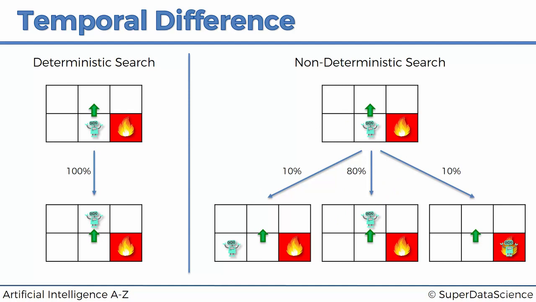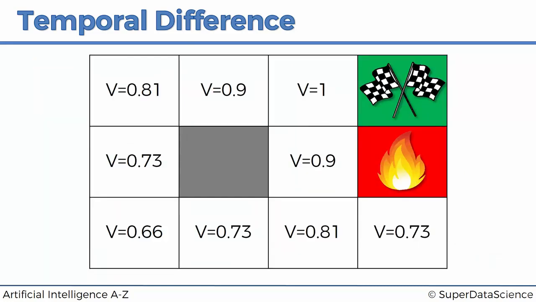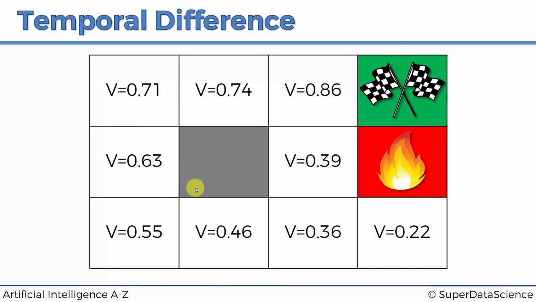And what effect that had, as you remember, was that in the deterministic example, it was very easy to calculate the V-values. Well, not necessarily always very easy, but in our case, we could simply calculate them using the Bellman equation, and we had the exact values. And then, as you remember, I very carefully mentioned that these values for the non-deterministic search example are off the top of my head.